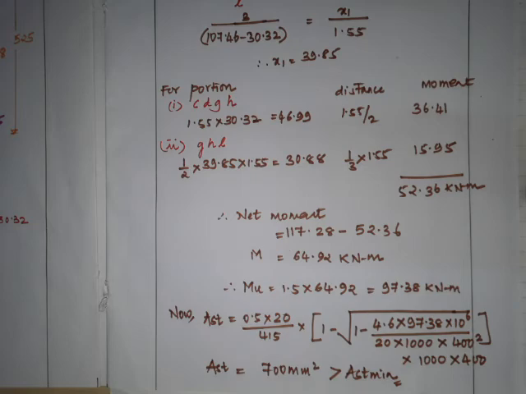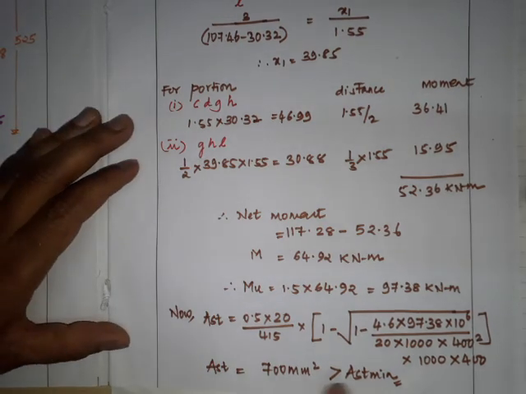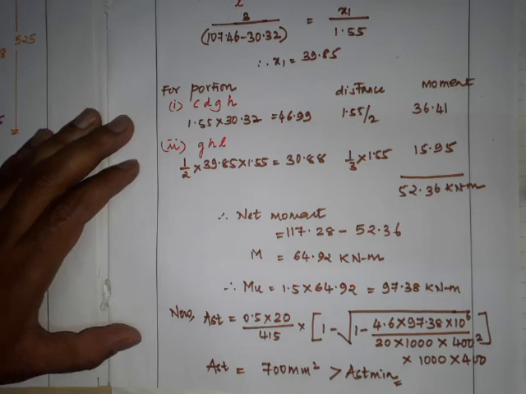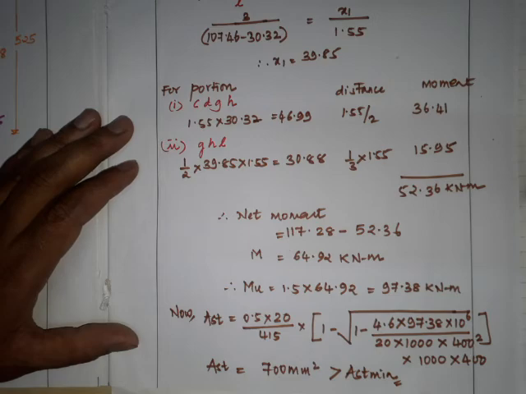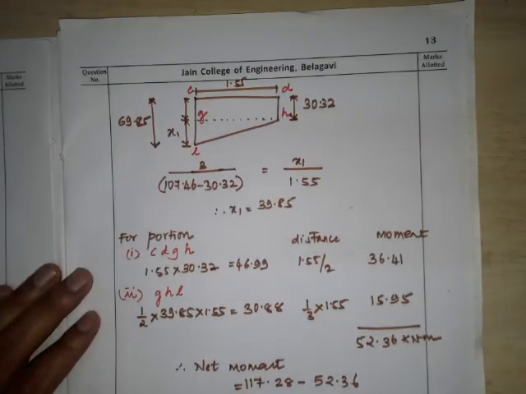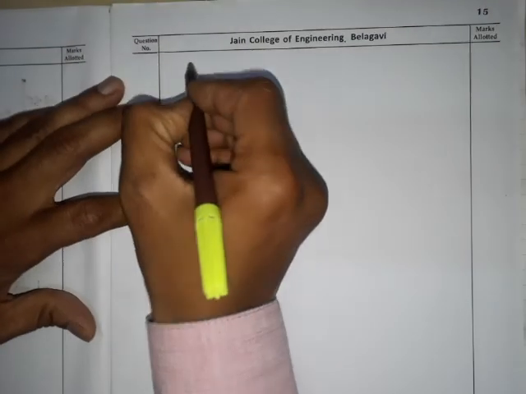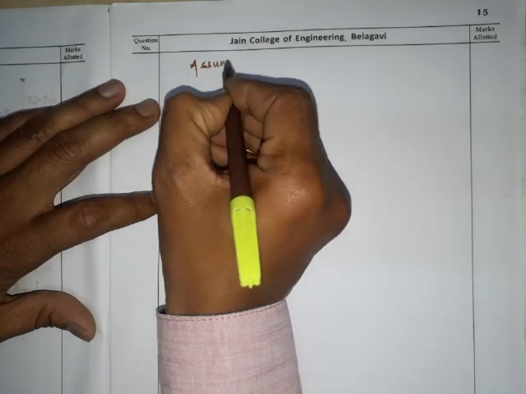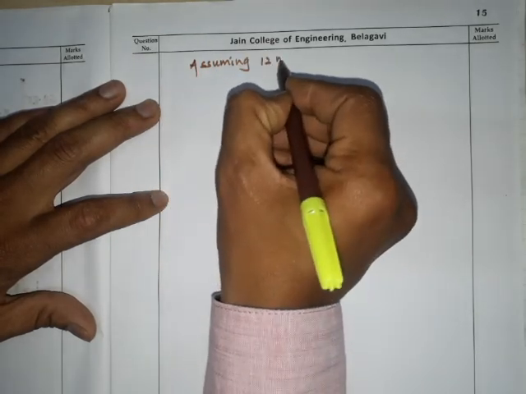Okay, so for Ast equal to 700 mm square, we have to provide the reinforcement. Understood? So let us assume here again we will try for 12 mm dia bar.